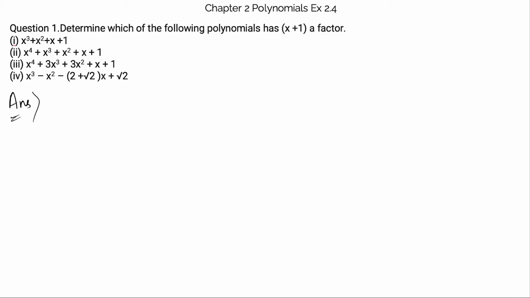Let's start with reading the question. Determine which of the following polynomials has x plus 1 as a factor, and different parts are given to you. So you need to check whether x plus 1 is a factor of these polynomials or not. The first condition I need to check is that the remainder should be 0. And how do we find the remainder?